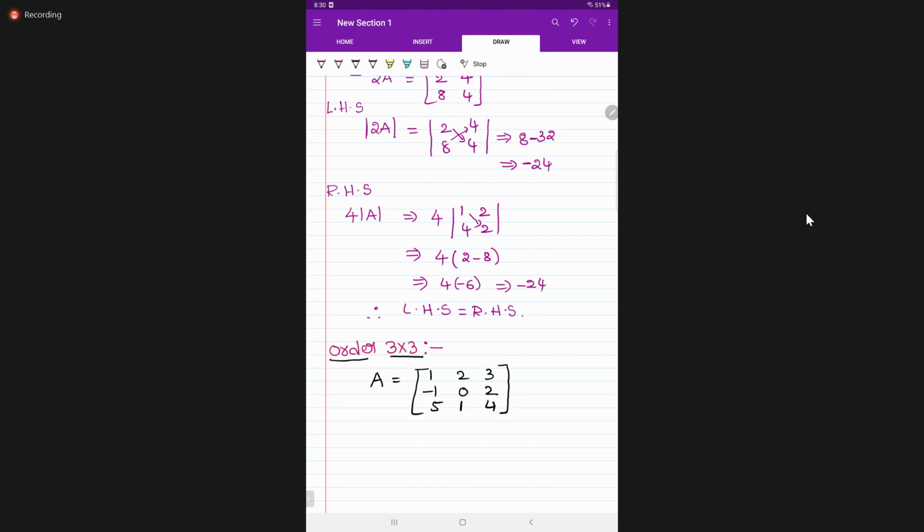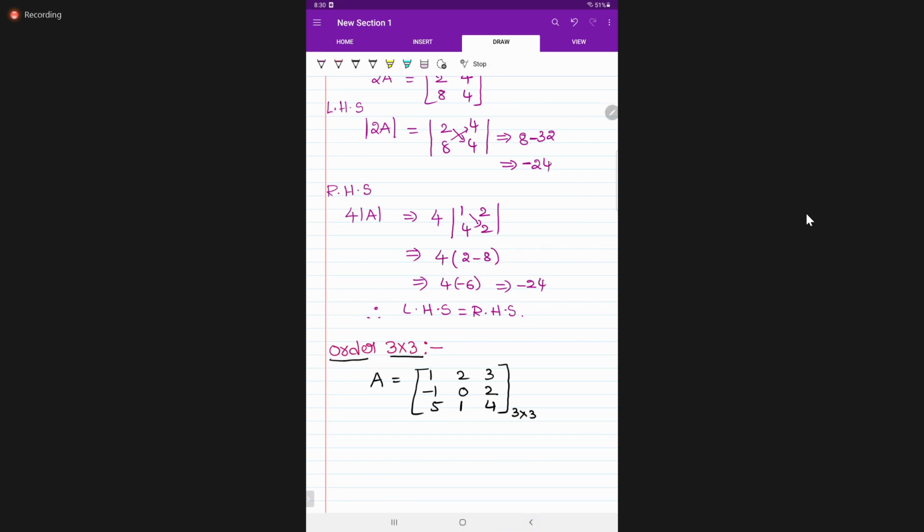This is a 3 by 3 matrix, right? How can you expand it? There are 6 ways of expanding a determinant of order 3 cross 3.